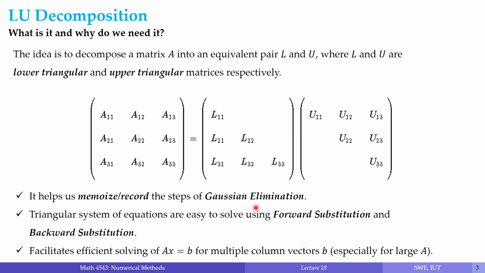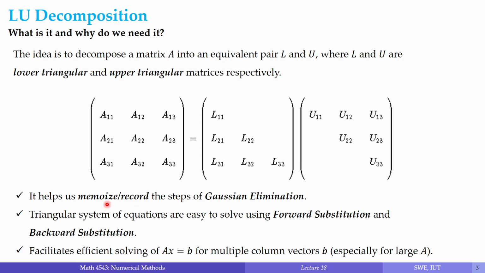So that's where the LU decomposition comes into play. What it does is it helps us record the steps of the Gaussian elimination. What does this mean? It will be clear in a bit, unless of course you're already familiar with this topic, which means you already know about the elimination matrices. When we perform LU decomposition, we basically store the elimination matrices, which tell us what the Gaussian elimination step did in a particular step.